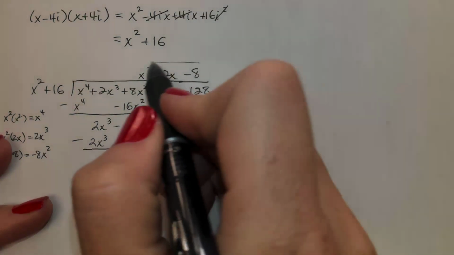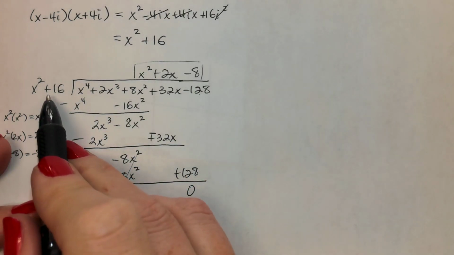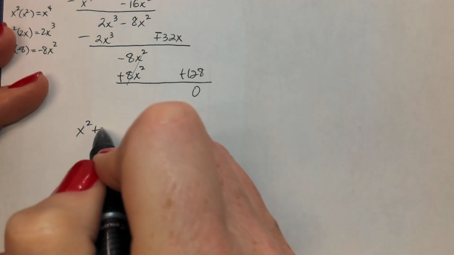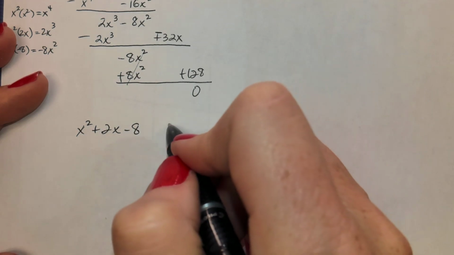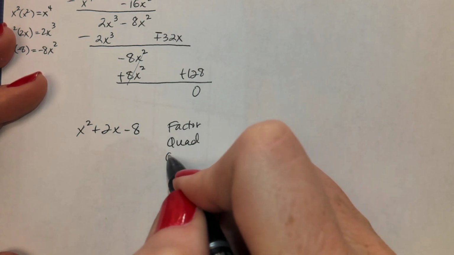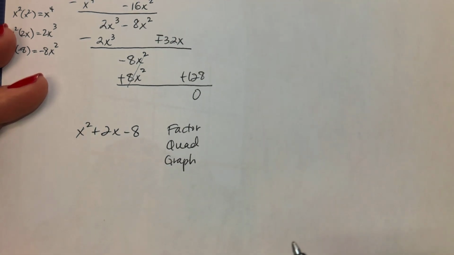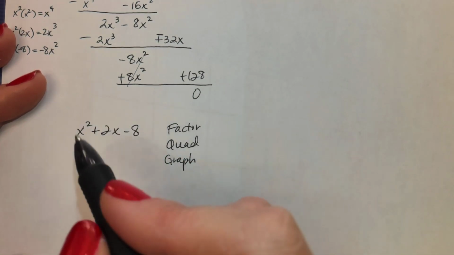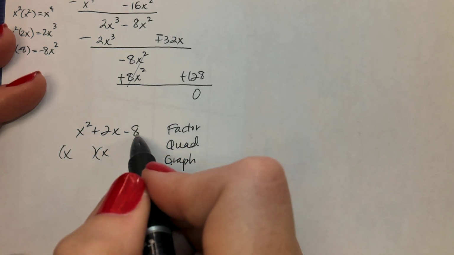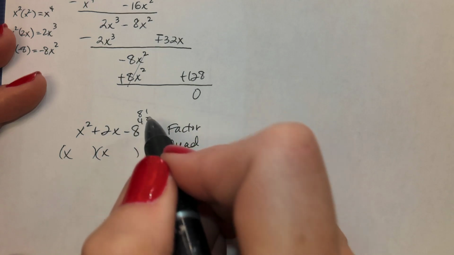So now we're looking at what got left over after I took those out of our function. This is left. You've got some options. You can factor, you can use the quadratic formula, or you could graph it and look for the x-intercepts. I'm just going to factor because I've been factoring for years. Things that multiply to 8 are 8 and 1, and 4 and 2.